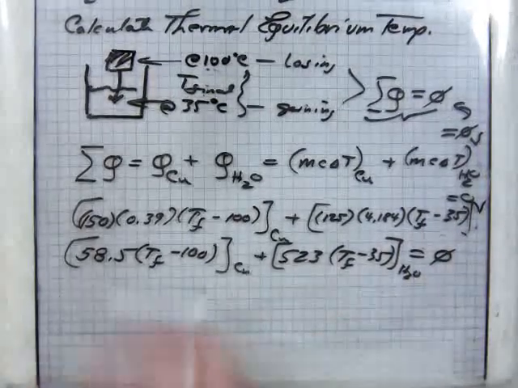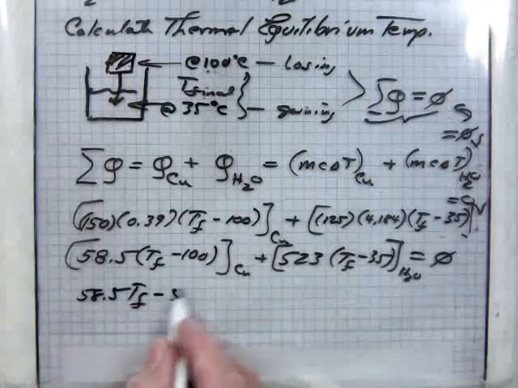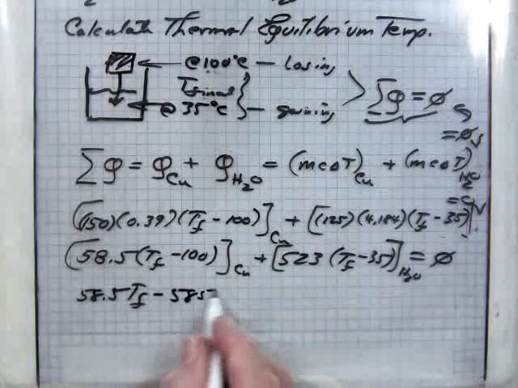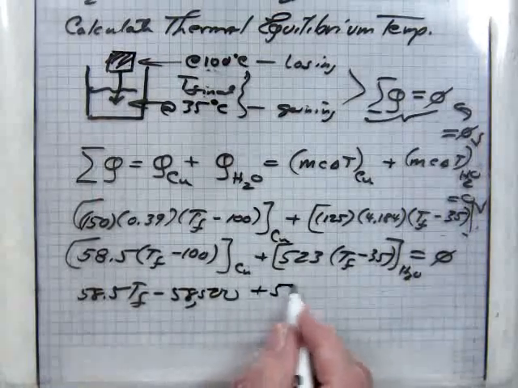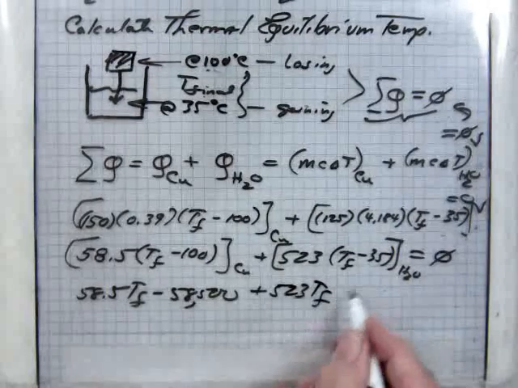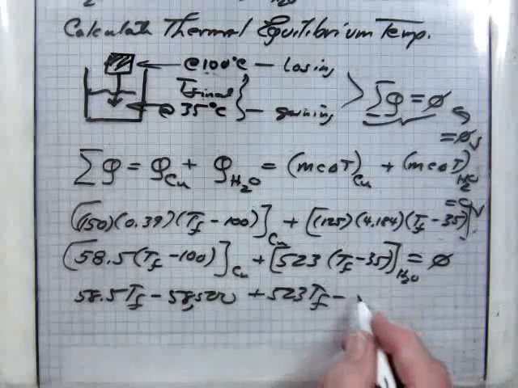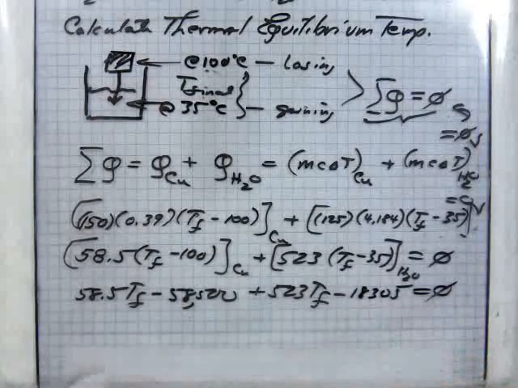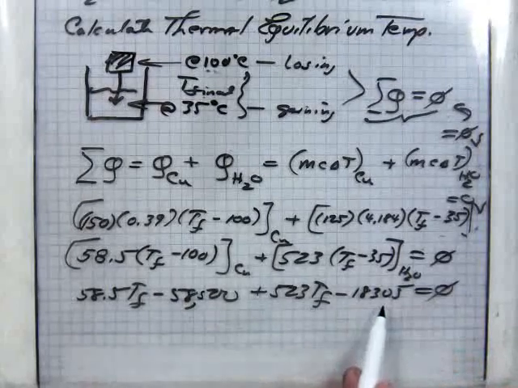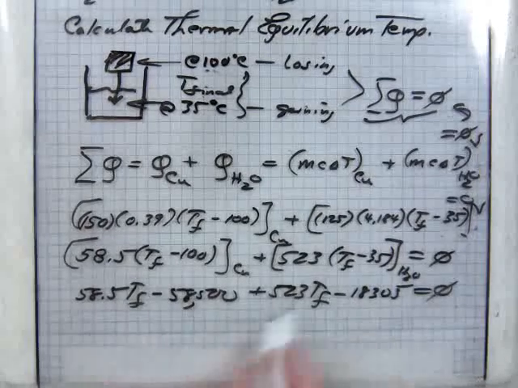And so we distribute, so that's 58.5 T final minus 5,850 plus 523 T final minus 18,305, and that's equal to 0. So transpose your negative values to the right side, and then add these two.